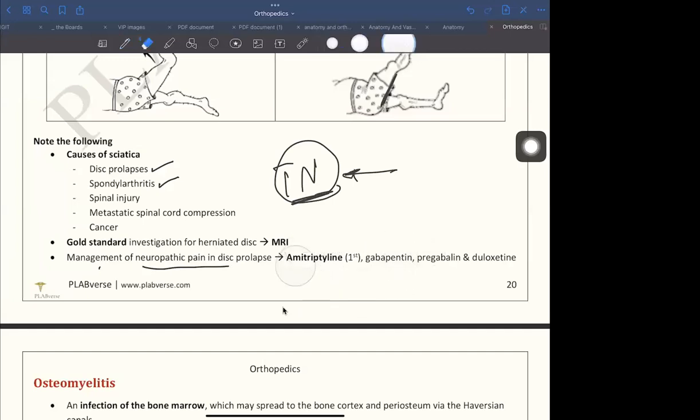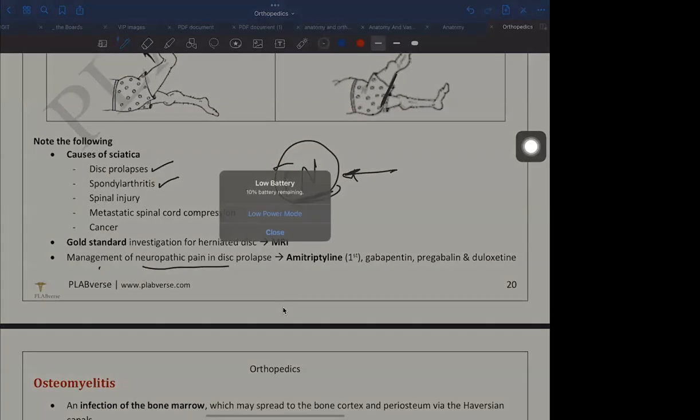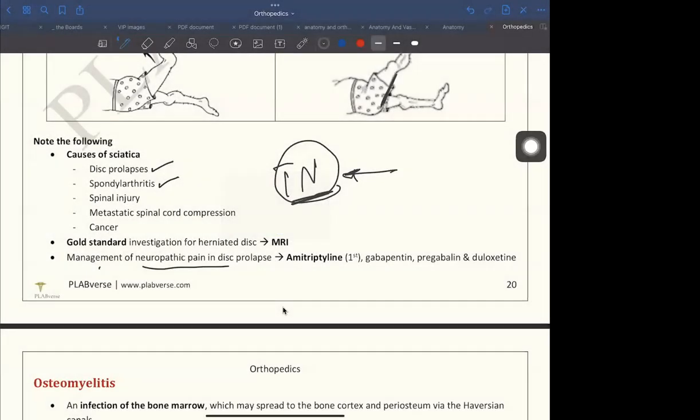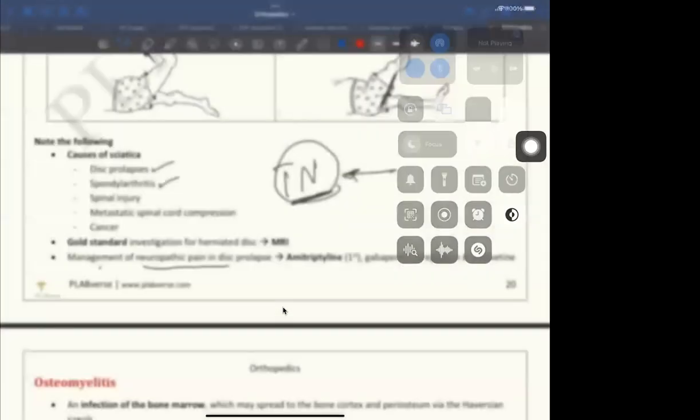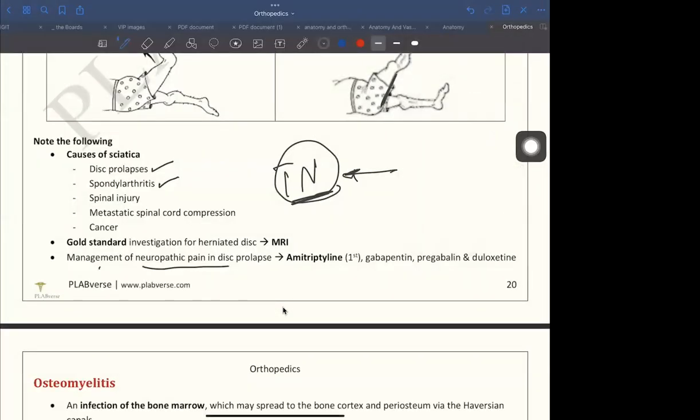What is the most effective painkiller in trigeminal neuralgia? Can anybody say? Okay, so carbamazepine is the best painkiller, and duloxetine is the best painkiller in peripheral neuropathy.